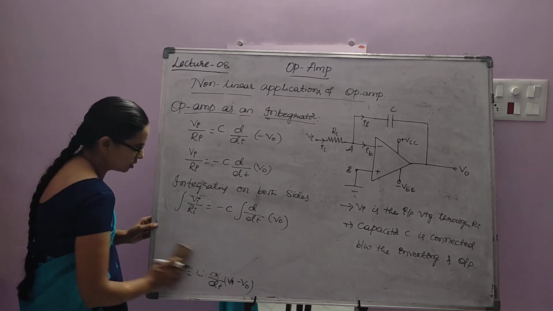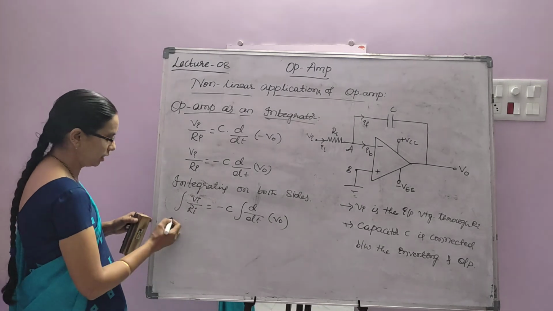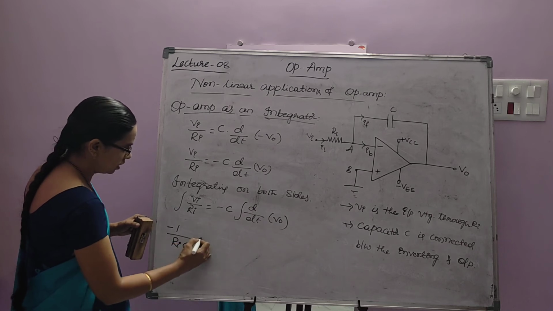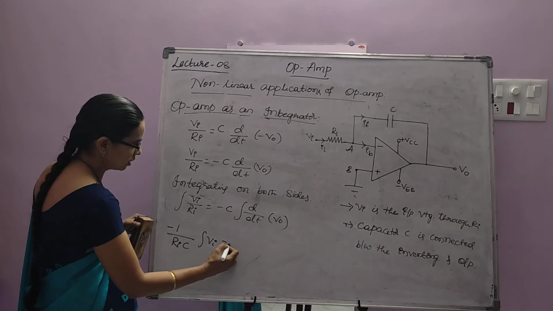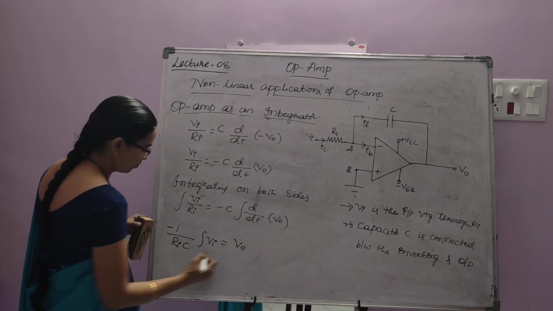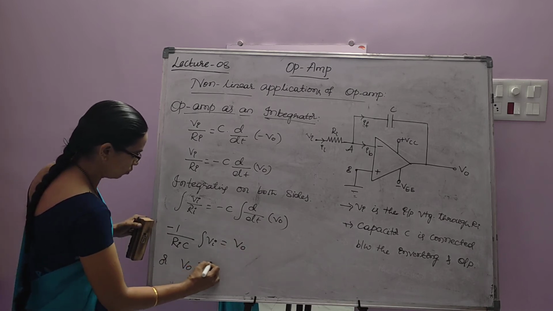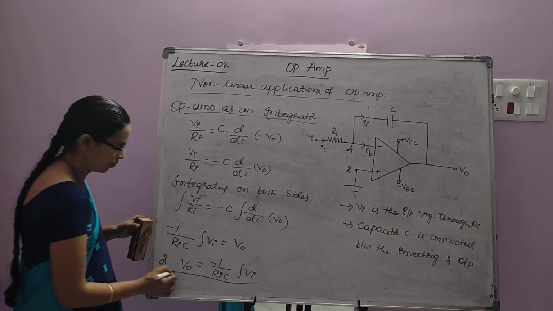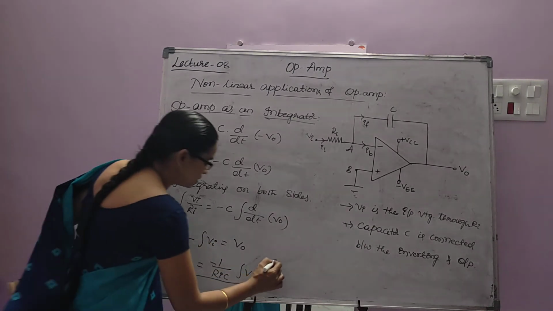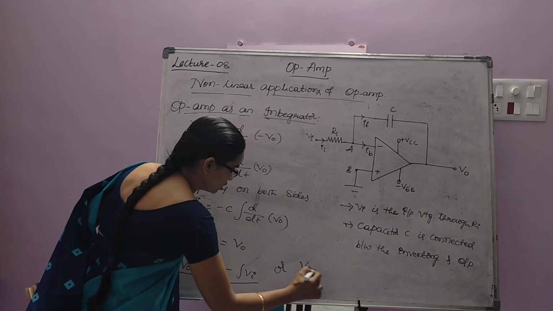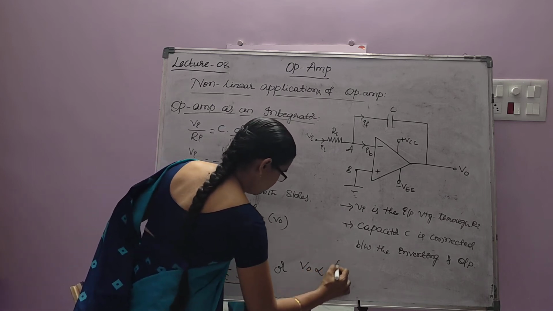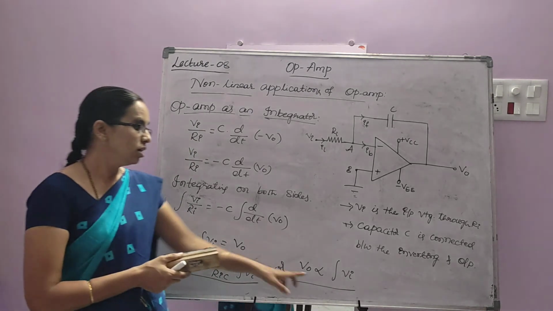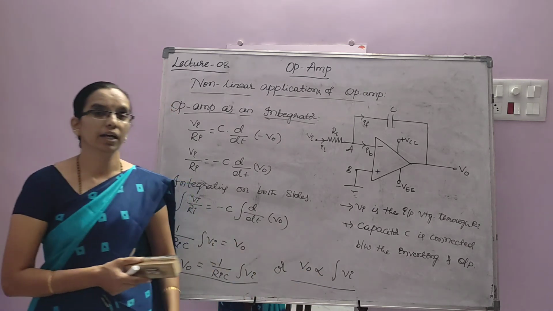As Ri is a constant and C I will take to this side, it is minus 1 by RiC into integration of Vi, so V naught is equal to minus 1 by RiC into integration of Vi. So you can also write this as V naught is proportional to the integration of Vi, that is, the output is proportional to the integral of the input.